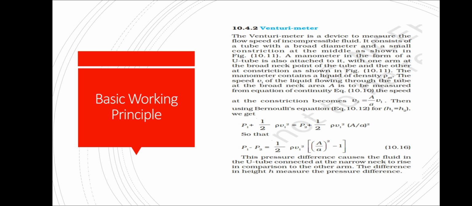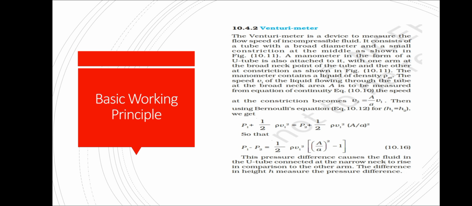Then p1 plus half rho v1 squared equals p2 plus half rho v2 squared. In place of v2 we use the first equation, so put the value of v2 in the second equation. Then what will we get? P1 minus P2 equals half rho v1 squared into the bracket of (A upon a) the whole squared minus 1. This is the basic equation using Bernoulli's equation.